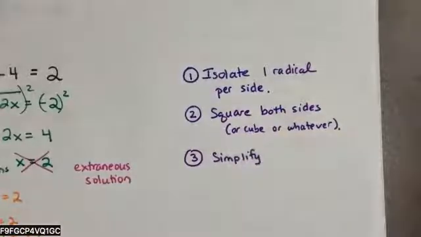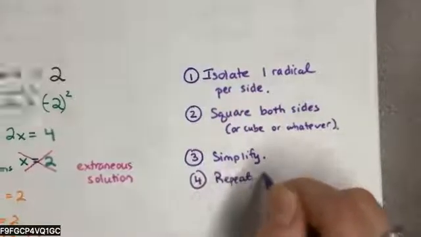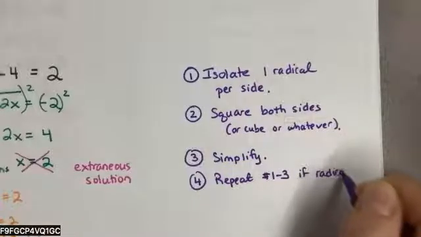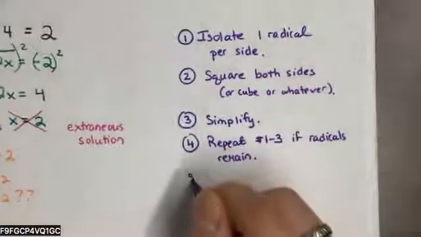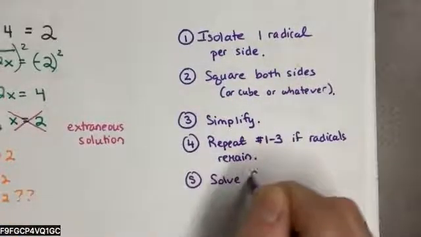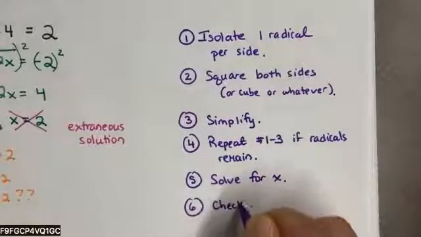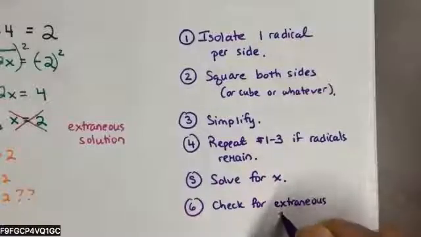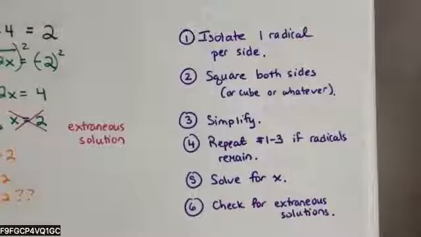We're then going to simplify. We're going to repeat numbers 1 through 3 if radicals remain. We're then going to solve for x. And then we need to check for extraneous solutions. And that is how we solve radical equations.